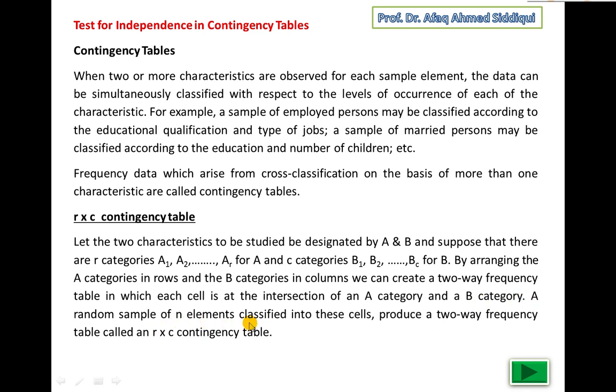A random sample of n elements classified into these cells produces a two-way frequency table called an R into C contingency table. Now we will construct the contingency table according to the two characteristics. Suppose you have two characteristics A and B; the subgroups of A, A1 to AR, we will represent in rows, and the subgroups of B, B1, B2 up to BC, in columns.